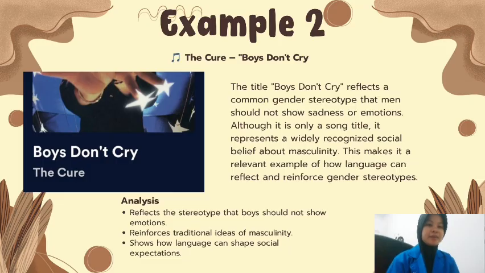The second example is the song "Boys Don't Cry" by The Cure. The title reflects a common stereotype that a man should not show sadness or emotion. Although it is only a song title, it represents a widely recognized social belief about masculinity. This example shows that language can reflect existing stereotypes and influence people's expectations about how men should behave.